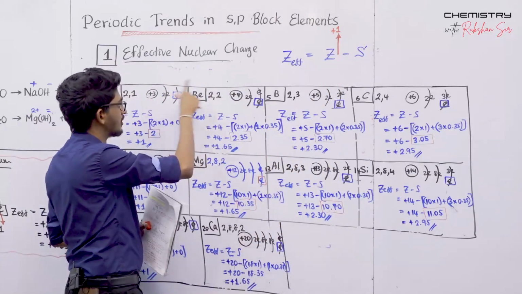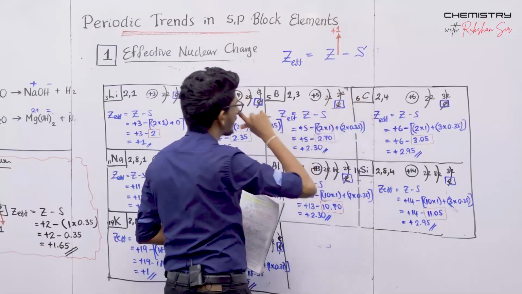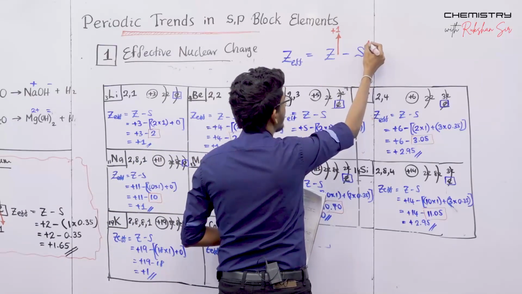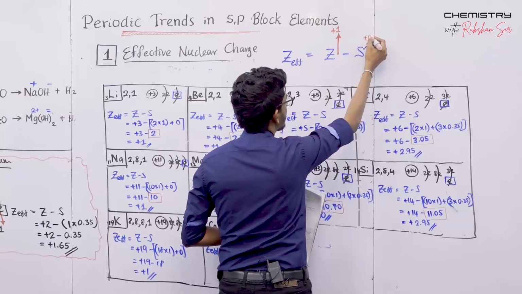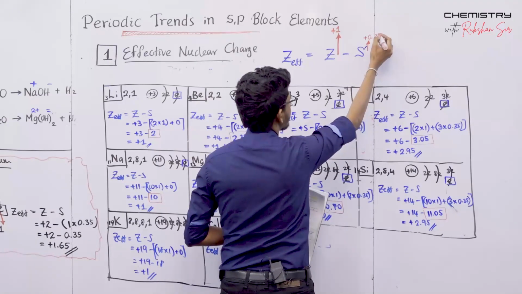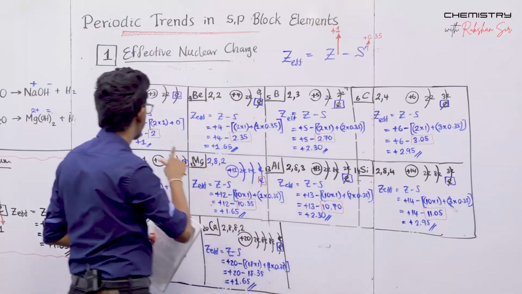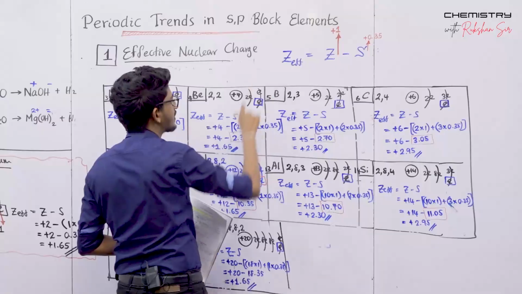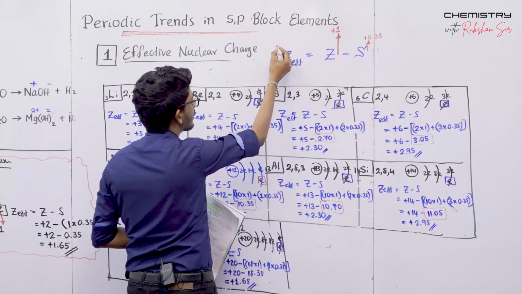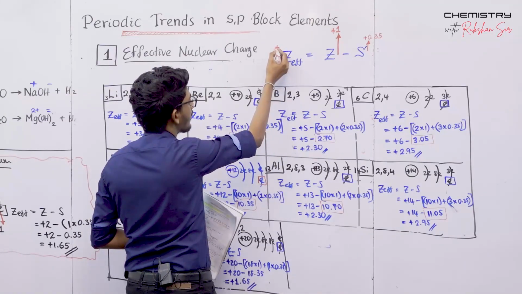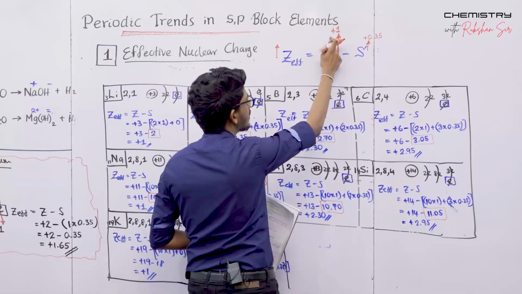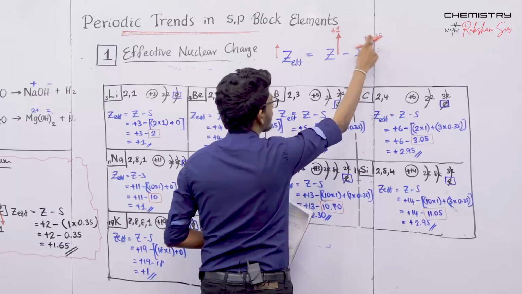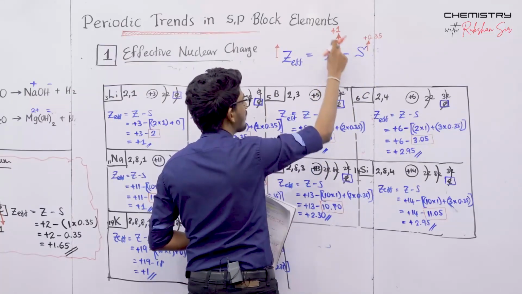And S increases by 0.35 units. So the net effect on the effective nuclear charge is 1 minus 0.35.